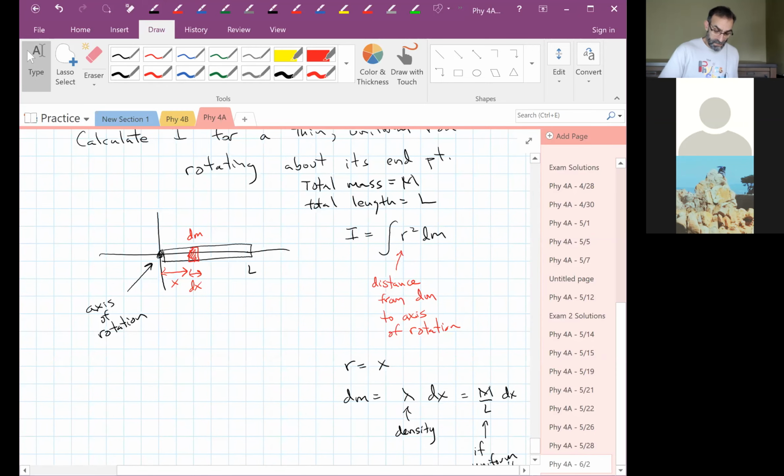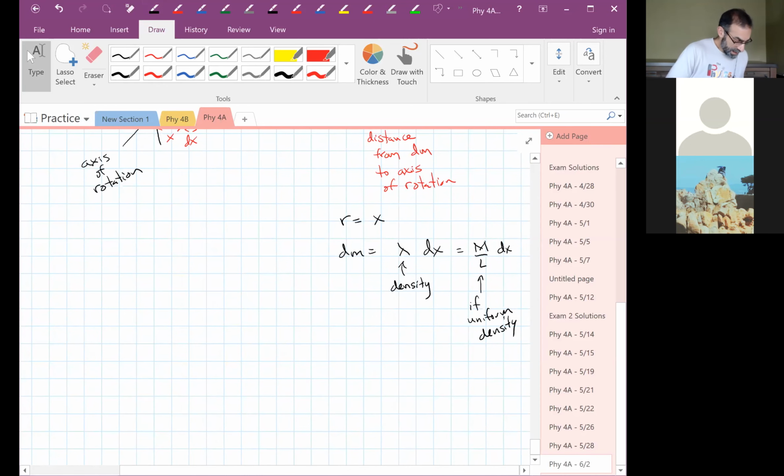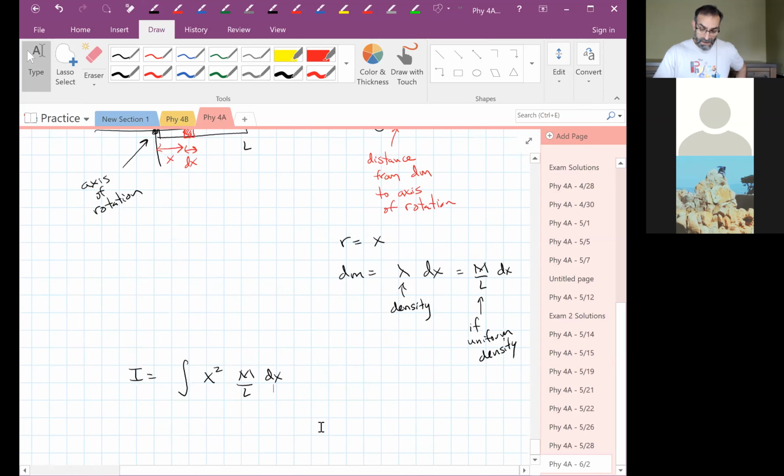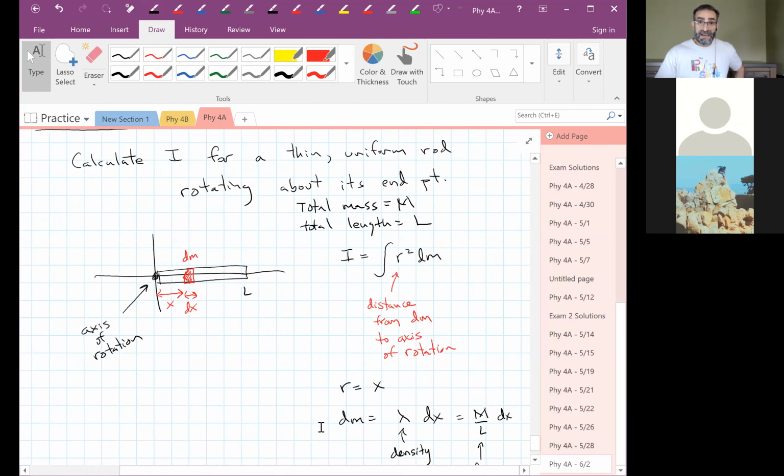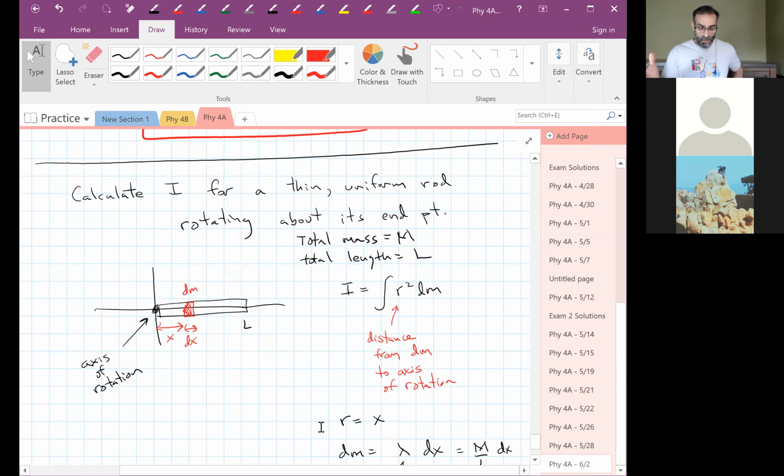Okay, are we ready to integrate? So I is the integral of r squared dm. r is x, we said. dm is m over L dx. And what are we integrating from? We're adding up every little tiny element of mass, dm, in the whole rod. So we're integrating from one end of the rod to the other.